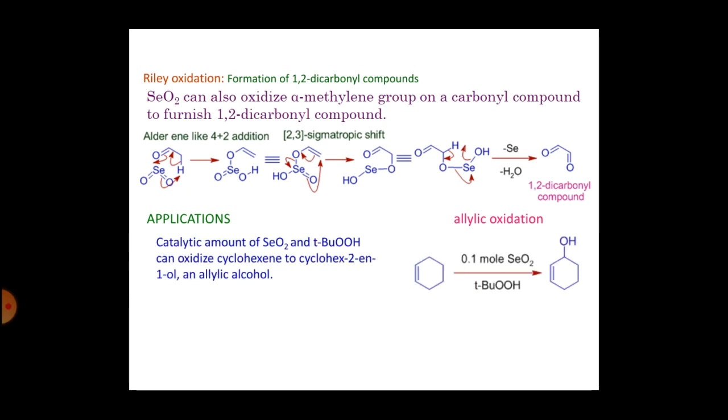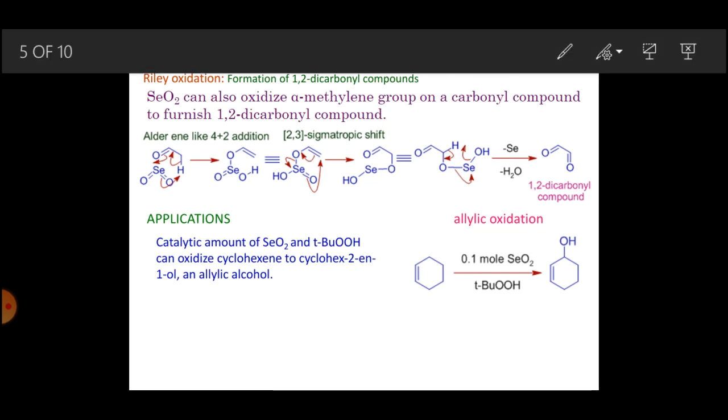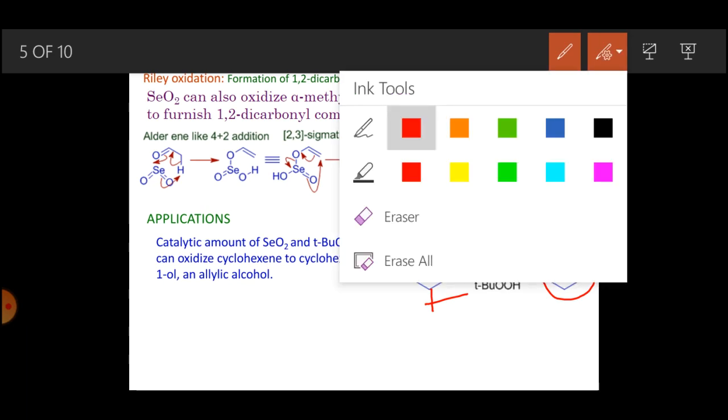In this example, that is in the cyclohexene case, there are two allylic positions, but they are identical. So oxidation at either place will give the same product. Whether oxidation takes place here or here, the product will remain the same. There is no problem in this one.